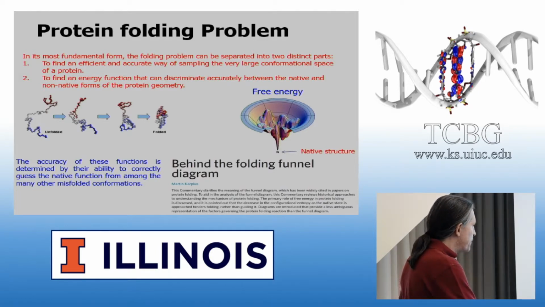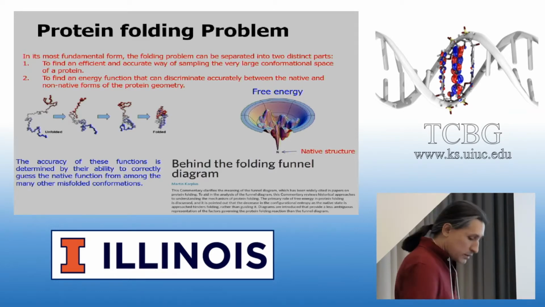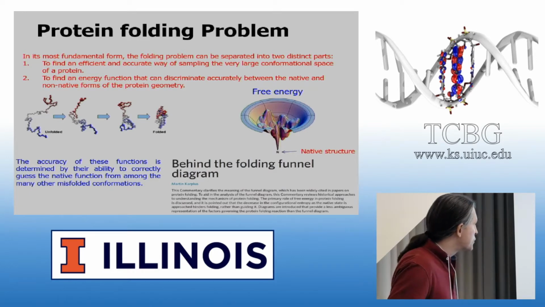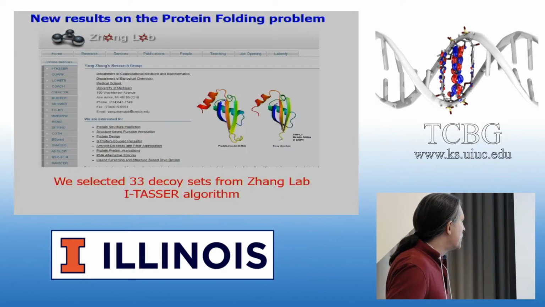You have a situation where you have a huge number of conformations in this level of the free energy funnel, and one specific native structure quite different in free energy from this huge number of conformations.